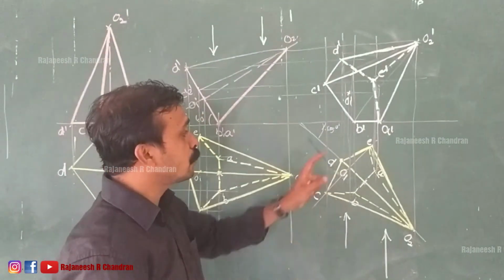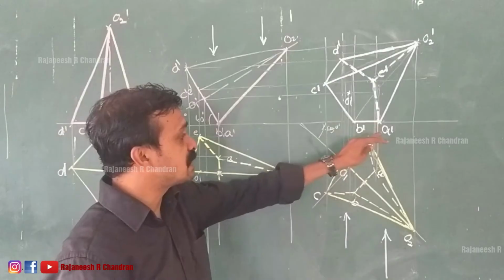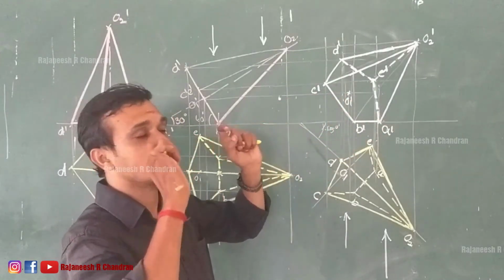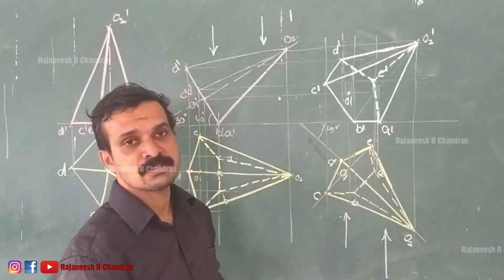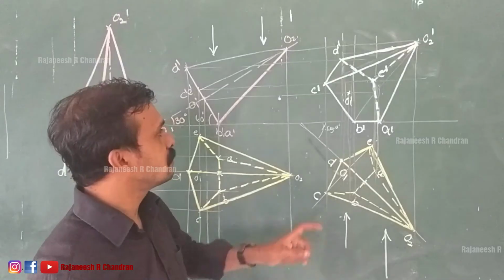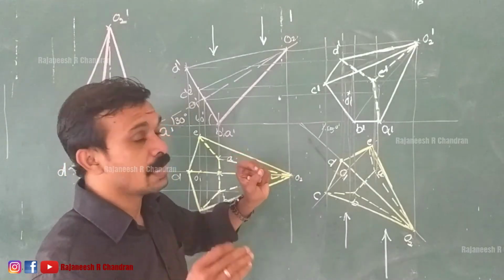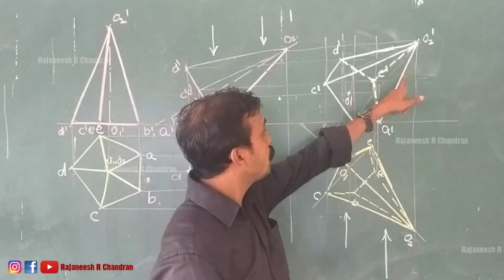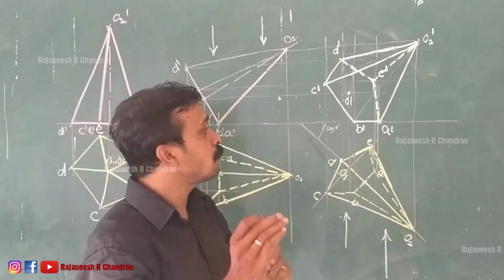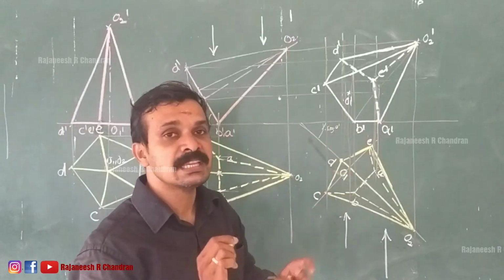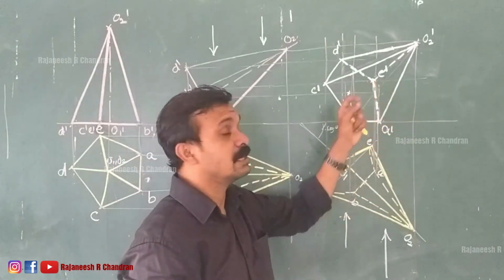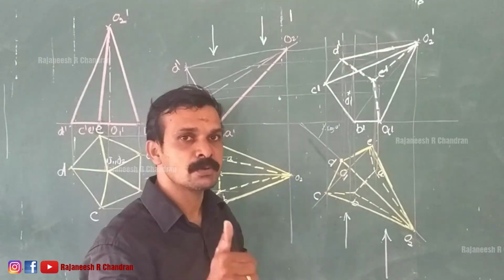So O2 dash B dash will be visible. At the same time, you might have a doubt: O2 dash B dash is visible, O2 dash A dash is visible, and in the alphabetical order O2 dash E dash is lying in between O2 dash D dash and O2 dash A dash. Then why is O2 dash E dash invisible? That's a very good doubt.